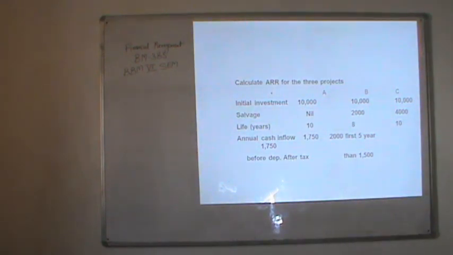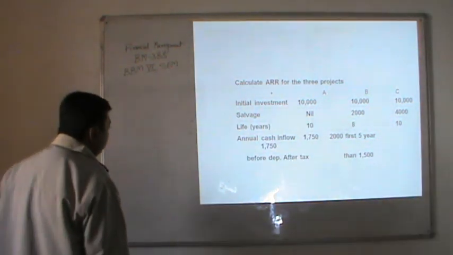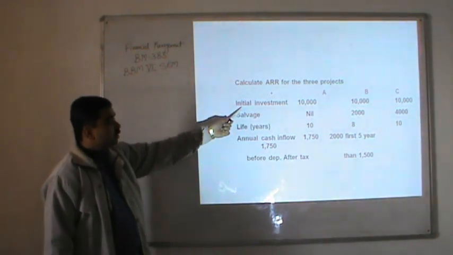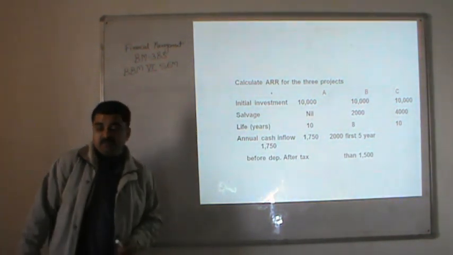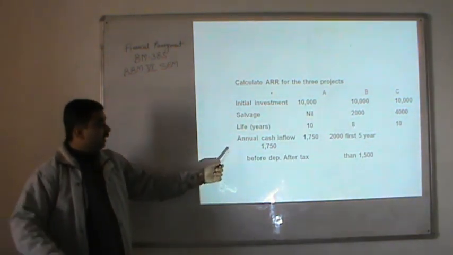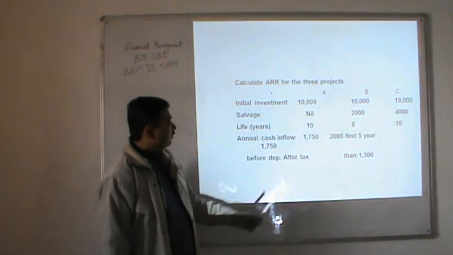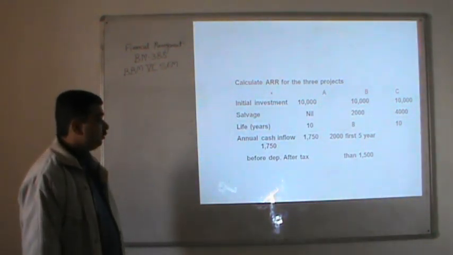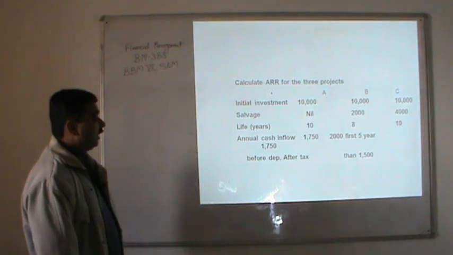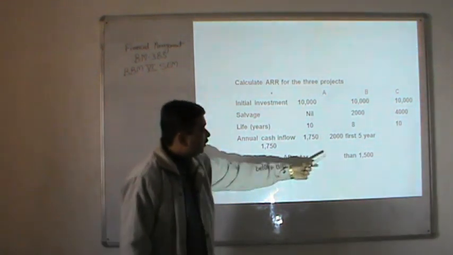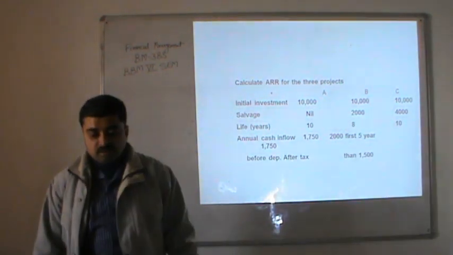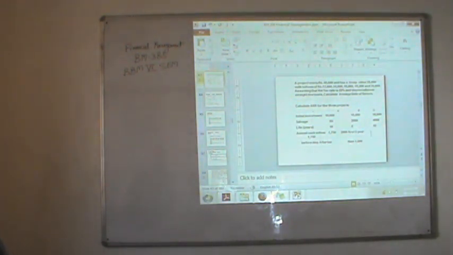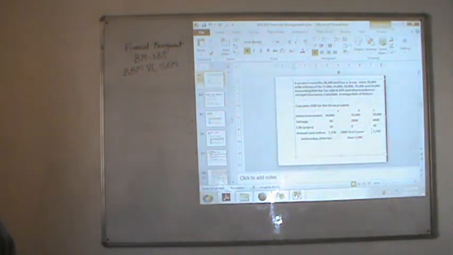For the first project, initial investment is 10,000 and salvage value is nil, while the company is getting 1750 rupees as an annual cash inflow, and this is actually the value which should be here. It is due to checking it with the PPT, so let me correct this one.